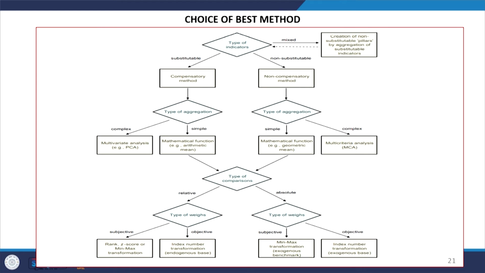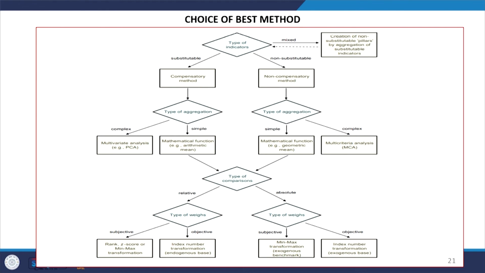So, one we have already discussed, based on types of indicators. There are various mixed methods involved. First of all, it is the type of indicators based on substitutability versus non-substitutability. Based on substitutable indicators, they are called compensatory methods, or otherwise non-compensatory methods.